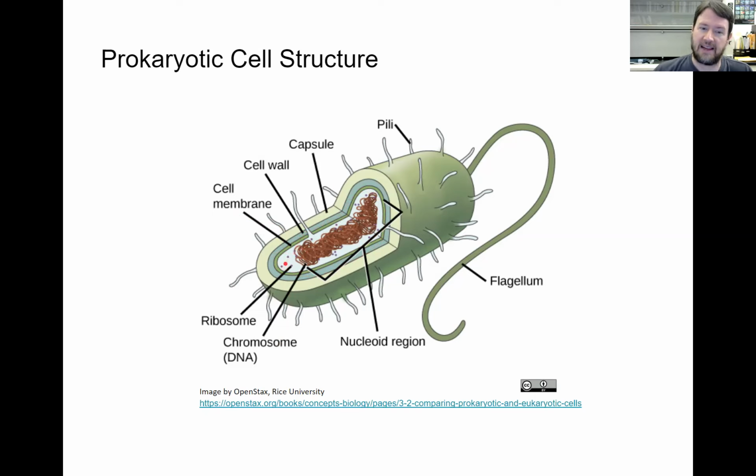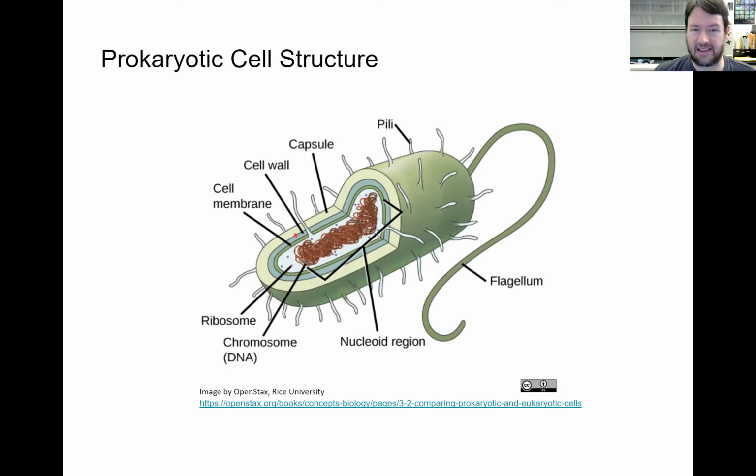There is some cytoplasm, kind of the light blue, just inside of that. There's this nucleoid region where the chromosome lives, and prokaryotes only have a single circular chromosome, or at least bacteria do. I'm not quite sure about the archaea, but I think they have circular chromosomes as well. And then maybe there's some ribosomes in that cytoplasm. That's about it for the inside of the cell.